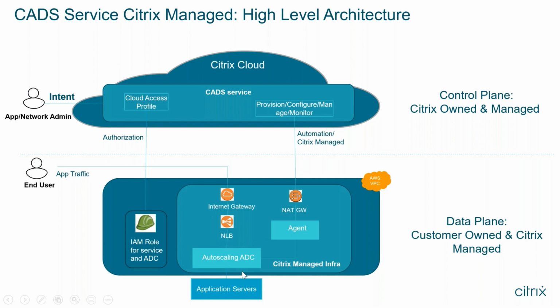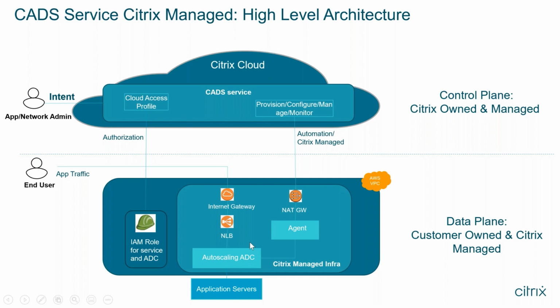The only job customers have is to take care of their application servers, making sure they are up and running. Even for that, we have analytics on the app side, which can be monitored. This is how we simplify infrastructure management, monitoring, and troubleshooting using Citrix Manage.